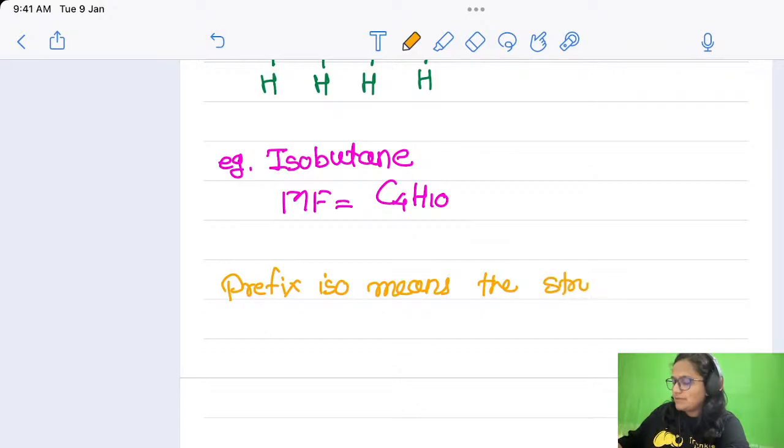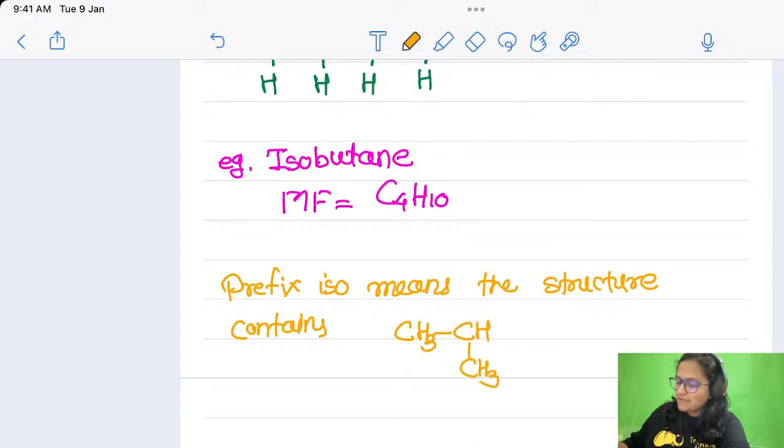the structure contains this kind of skeleton, CH3, CH, CH3, at the end.